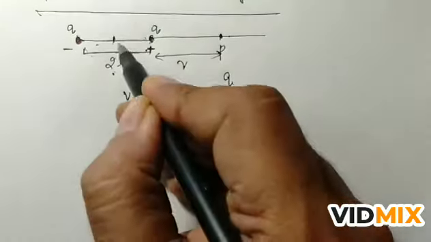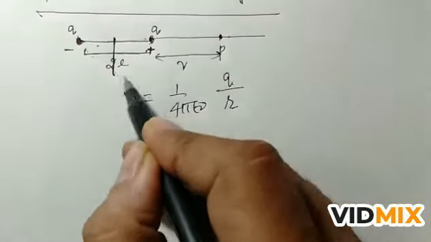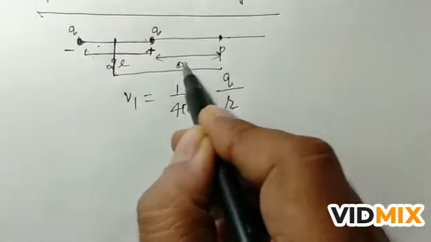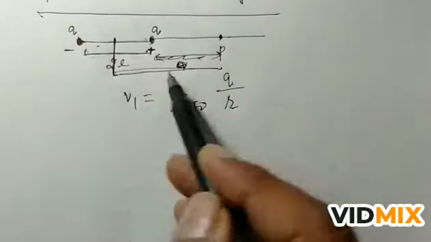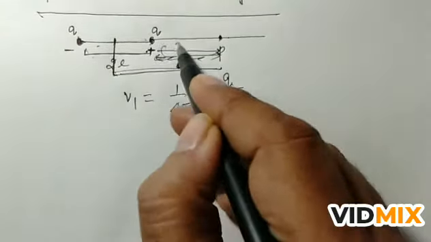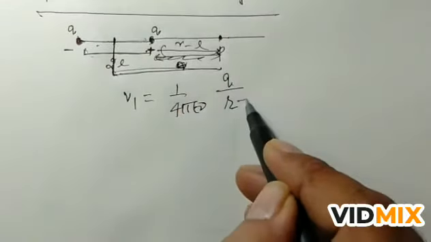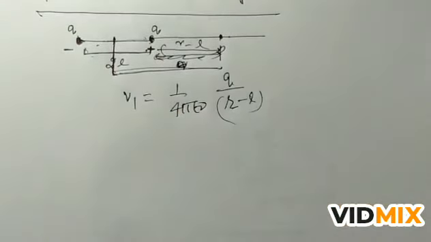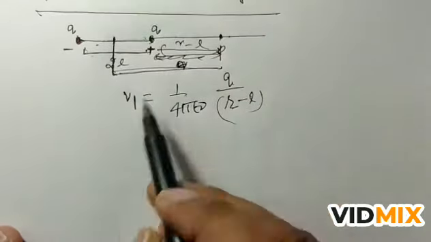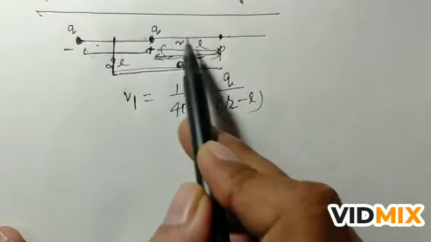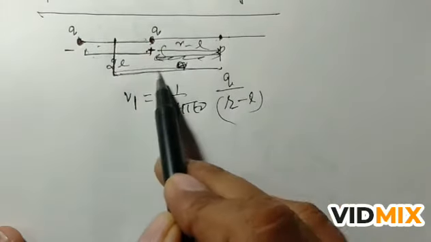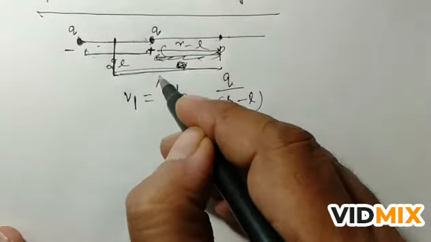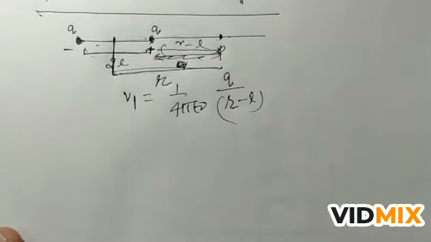If you take the distance from the center of the dipole, this is r, so from here it will be r minus L. This is the potential due to this charge at distance r minus L, where the distance from the center to this point is r.